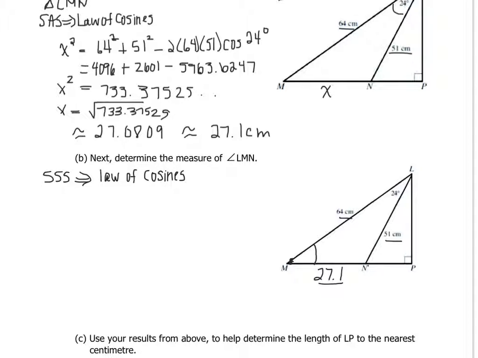So the angle we're looking for would be cosine of angle M, and it should equal the squares of each of the sides that are around the angle, 64 squared plus 27.1 squared, minus the side across from that angle squared, all over 2 times 64 times 27.1.